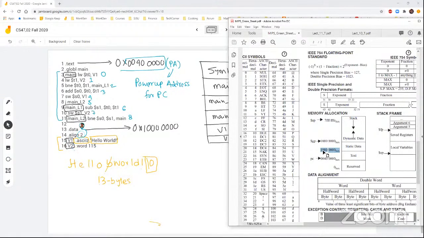So we need to go to the next available address, which is divisible by 4 because it's an alignment 2. That means it will be 13, 14, 15, 16. Next is 16, which is divisible by 4. That means you need to add this guy.